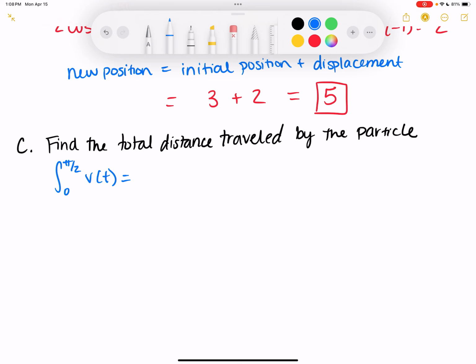This is going to be equal to the integral from 0 to pi over 3 of 6 sine of 3t dt, and I could put the 6 out front, I just didn't, minus the integral from pi over 3 to pi over 2 of 6 sine of 3t dt.